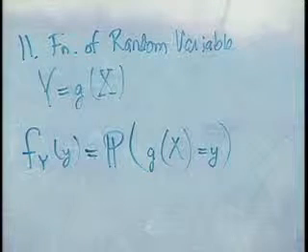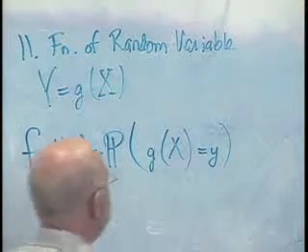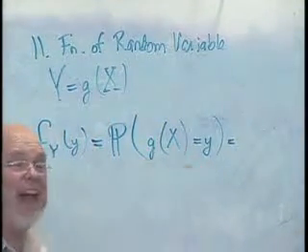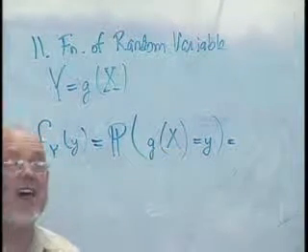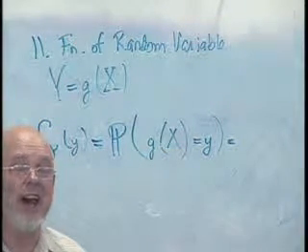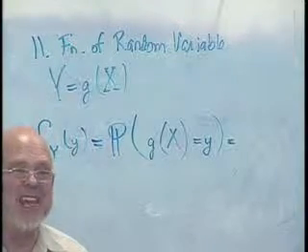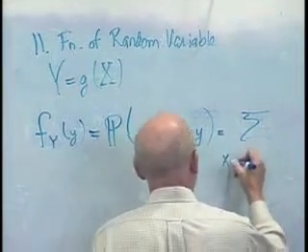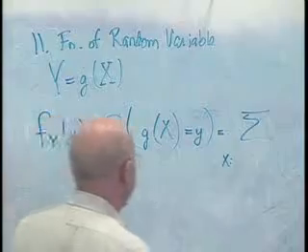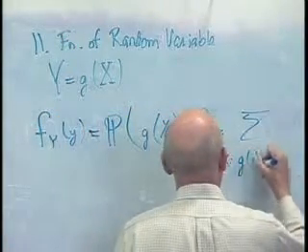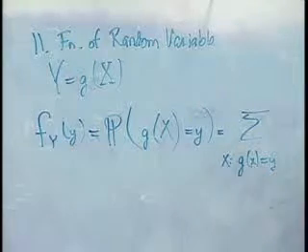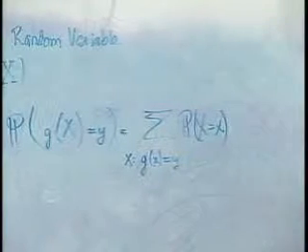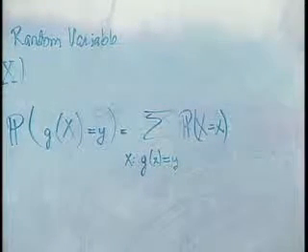And how on earth do we figure that out? Well, the only way to figure that out is to ask the question, what are all the values of x with the property that g of x is equal to little y? There can only be countably many of them, thank goodness. And what we have to do is take all the values of little x that have the property that when you apply g to that value, you get little y, and add up the probabilities for all of them.